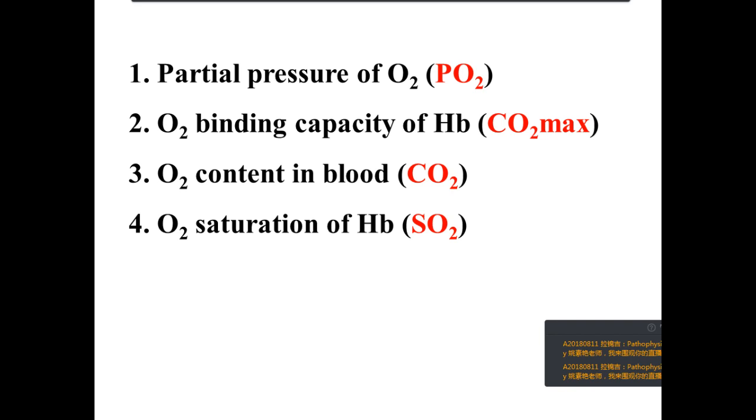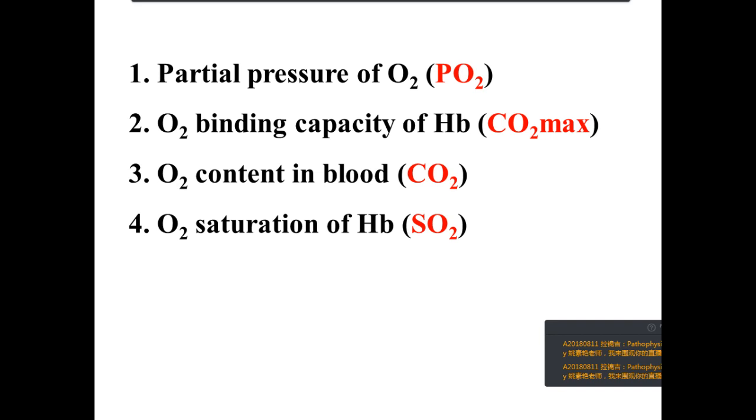It will increase, because with internal respiration dysfunction, tissue cells take in less oxygen. So oxygen in venous blood will increase, leading to an increase in partial pressure of oxygen in venous blood.